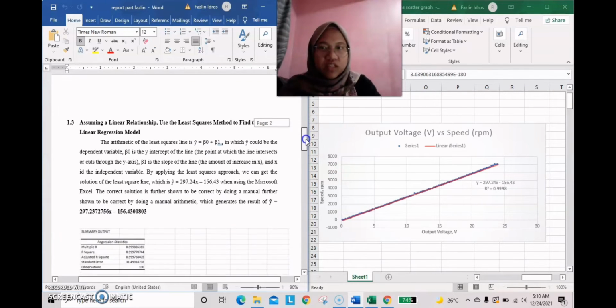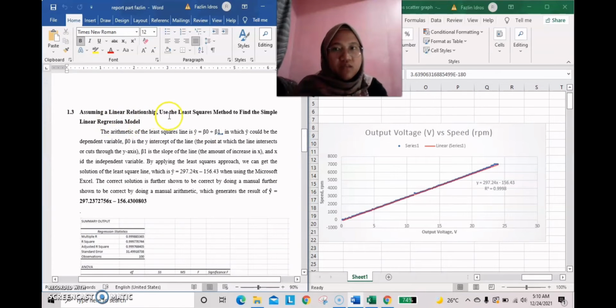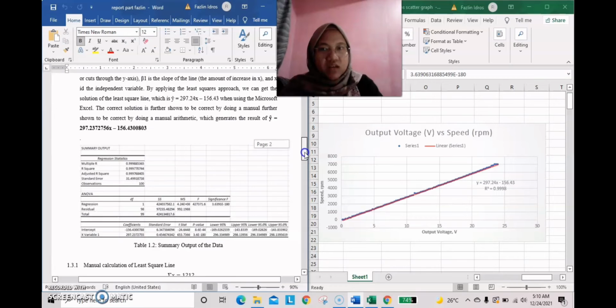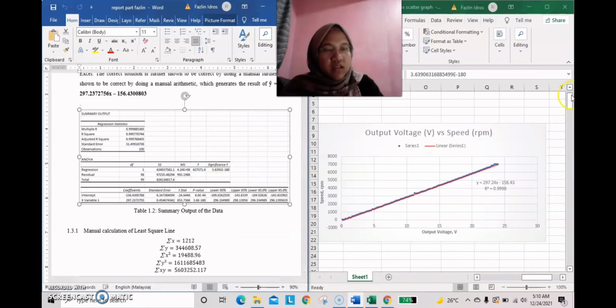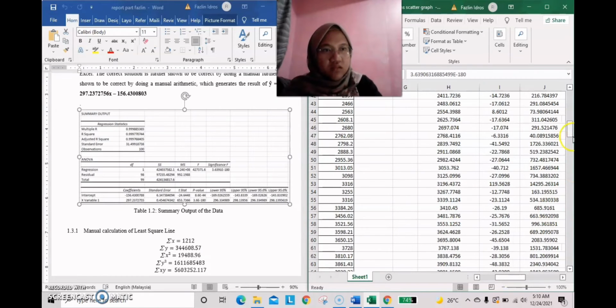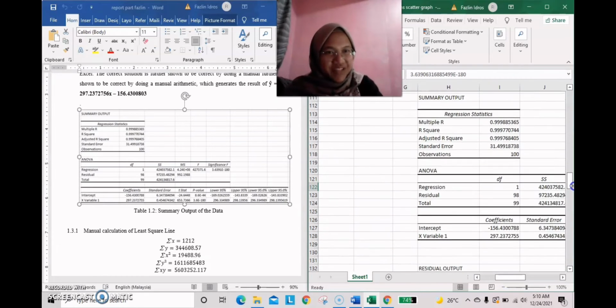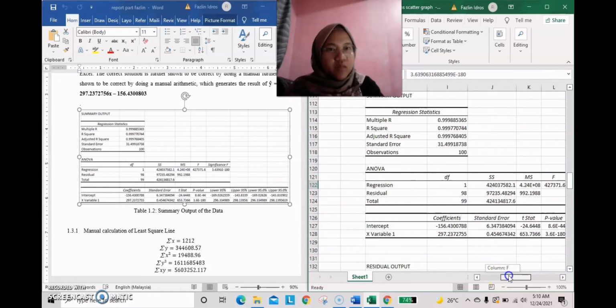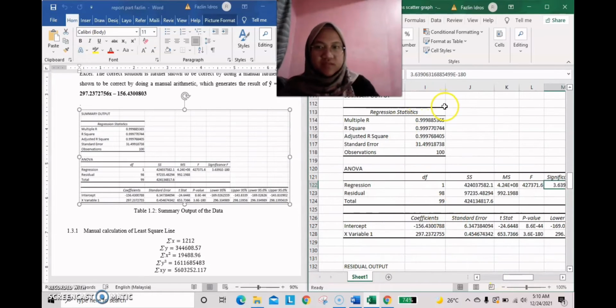Then I'm going to the next part, which is assuming a linear relationship, using the least square method to find the simple linear regression model. Here I've taken a screenshot, and in the Excel, let me show you. Here is the summary output when I do the data analysis.